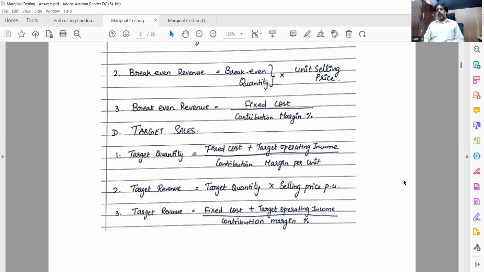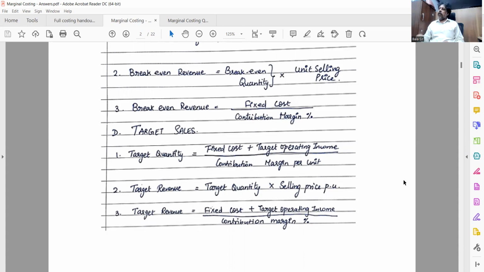1,600 units. Now, can you find the target sales value? Very simple. 1,600 units you have to sell into rupees 200. You have to sell rupees 3,20,000 worth of goods. Right? There is another way to find the 3,20,000 rupees directly.